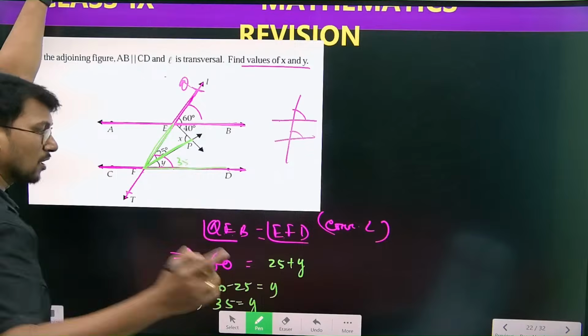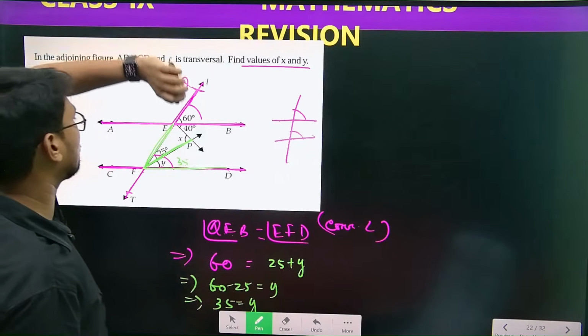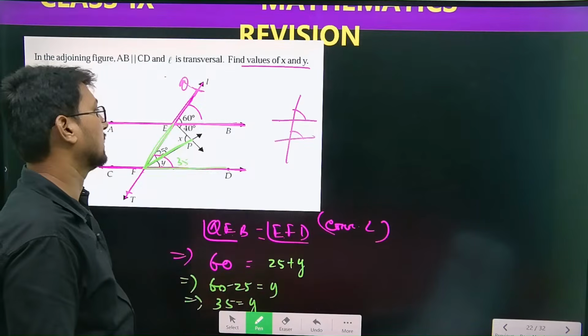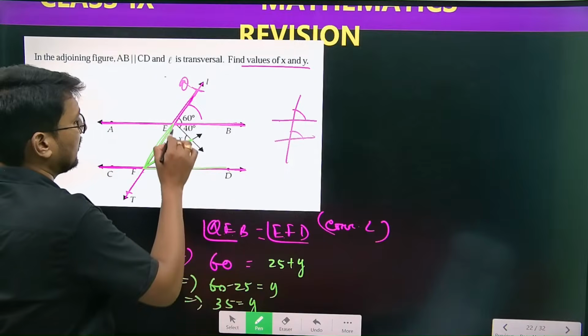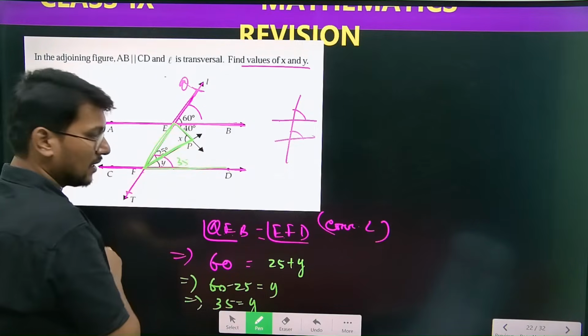Got it? Very good. Who gave y as 35? Very good. Let us find x. Now tell me, is this a triangle? EFP is a triangle.